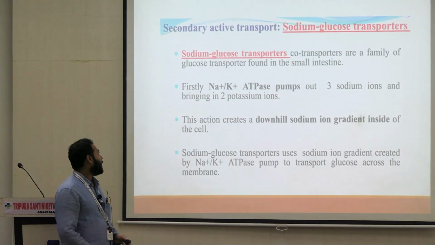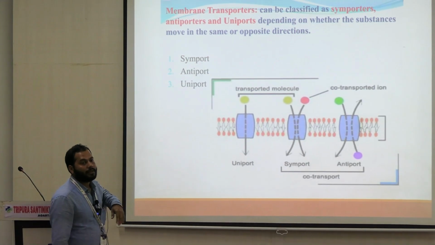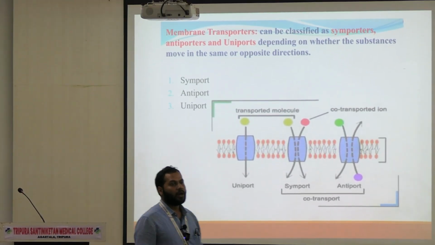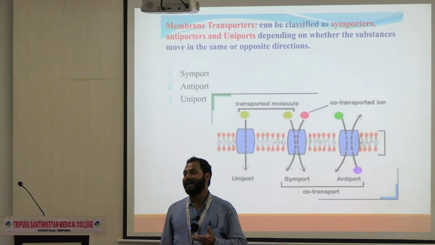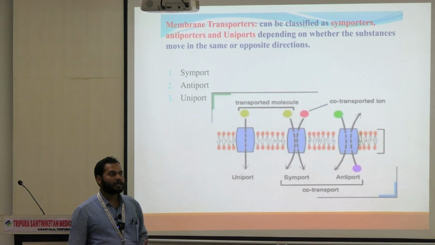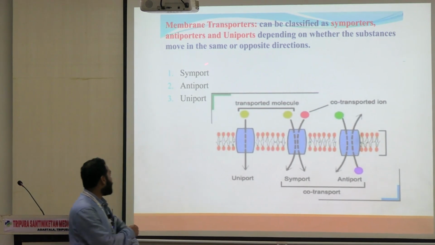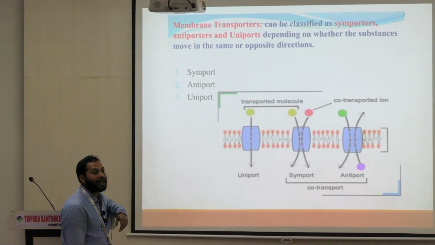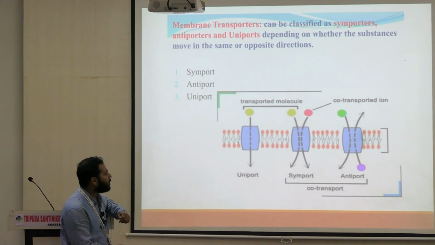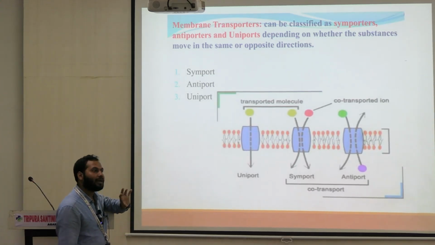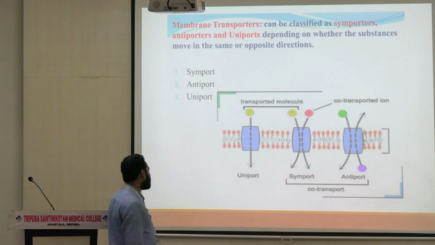Now see, the transporters involved in active transport mechanisms are of different types. Some are called Symporter, Antiporter or Uniporter. The mechanisms are called Symport, Antiport and Uniport, right? So what are the basic differences?